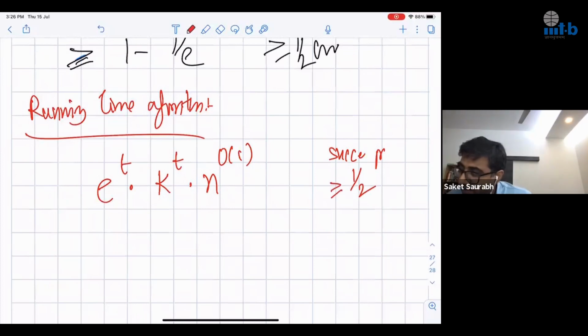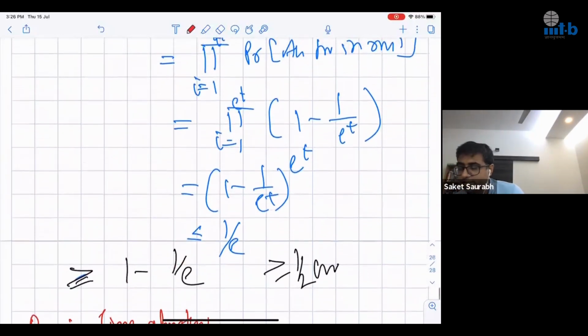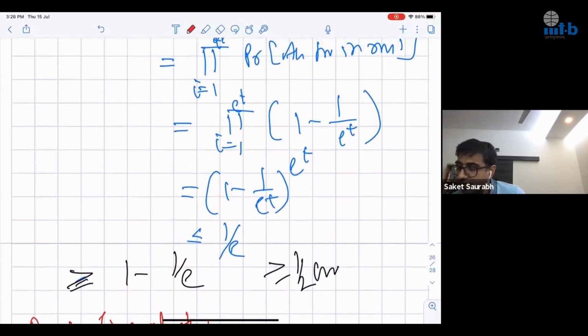We could have made this arbitrarily close to 1 by, for example, repeating this e to the power t times log n times, then the failure probability is e to the power minus log n, so it is upper bounded by 1 over n. The success probability is 1 minus 1 over n, which is great. What happens if I repeat this algorithm e to the power t times n times? Then the failure probability will be 1 over e to the power n.